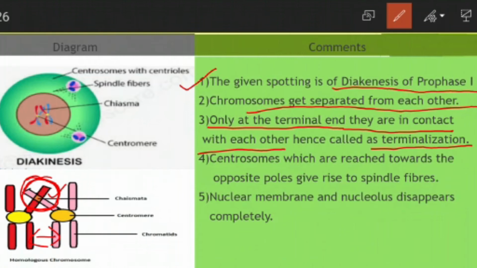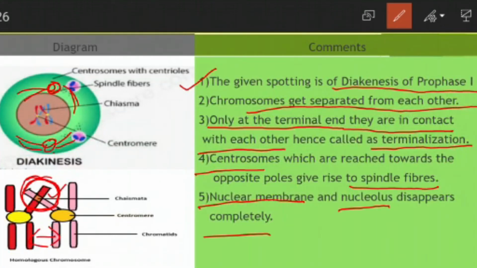Then what about the centrosome? The centrosome reaches the opposite pole and gives rise to spindle fibers. In this stage, the nuclear membrane and nucleolus start disappearing, and they disappear completely at the end.